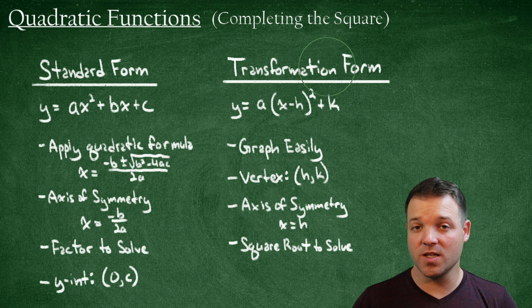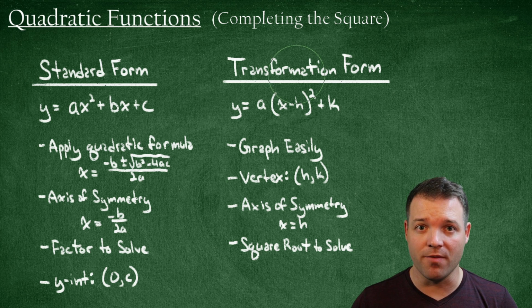Now let's talk about transformation form. Like most of these benefits, they are going to revolve around graphing. In transformation form, you can graph any parabola very easily just by looking at the form itself. You don't have to plug in numbers or make an XY table.